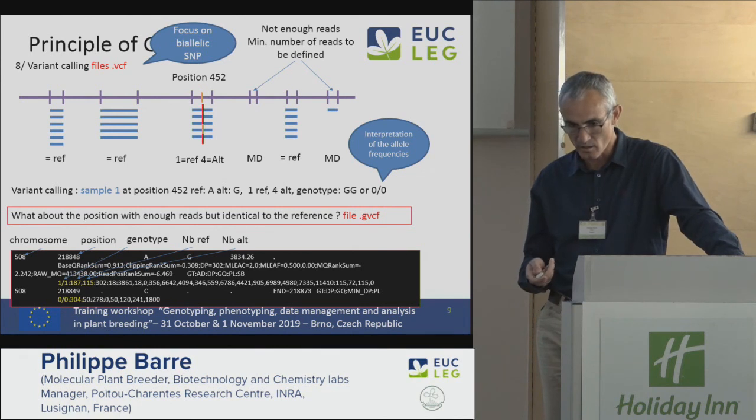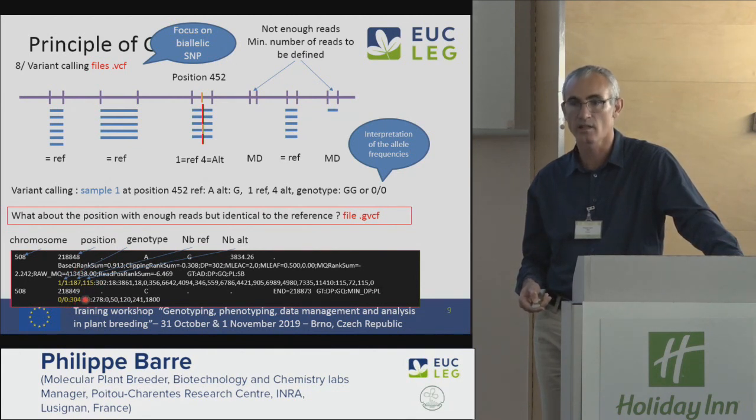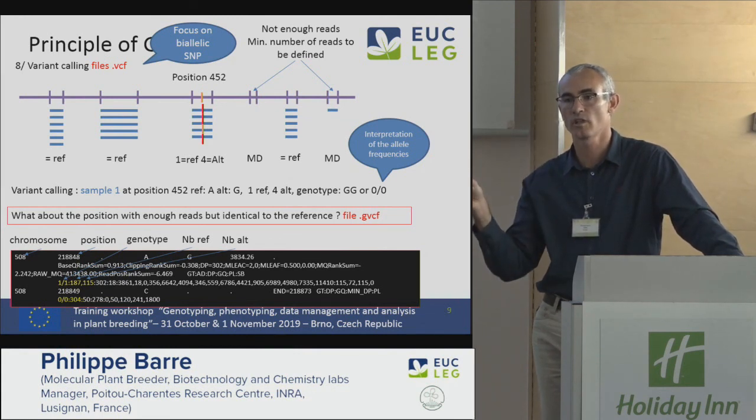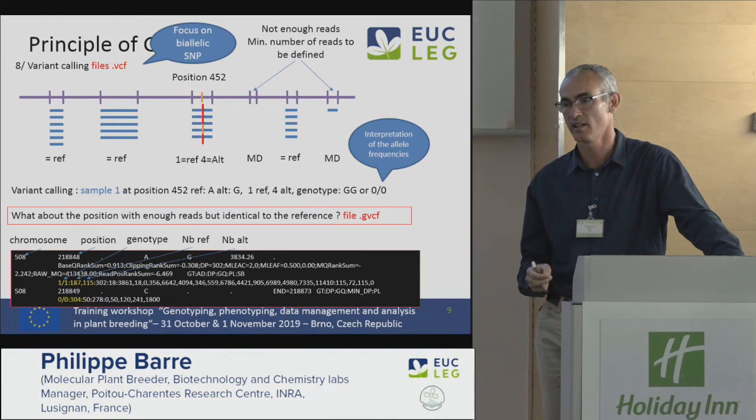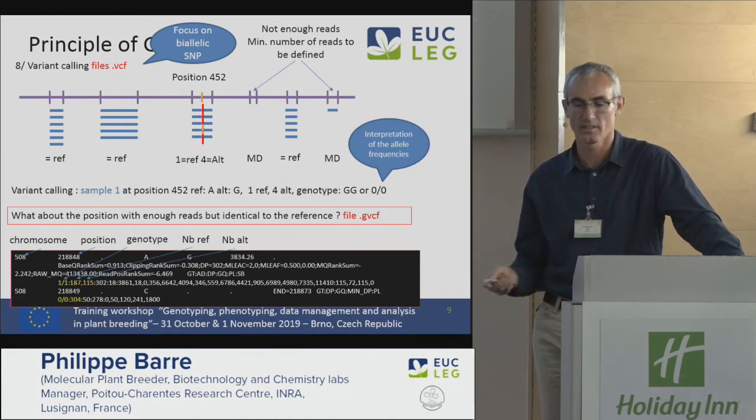And this is a GVCF, and you see it because it's positioned, you see here, 48, and then it's 49. So you keep track of all the information everywhere. It's nice. It's costly in memory. So you still have big files.